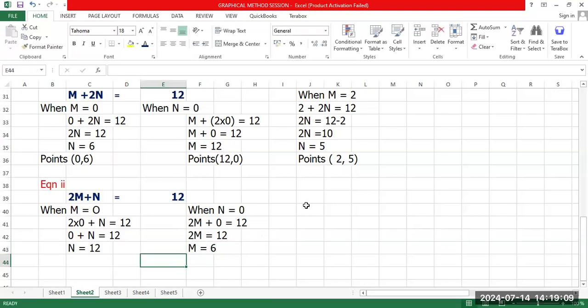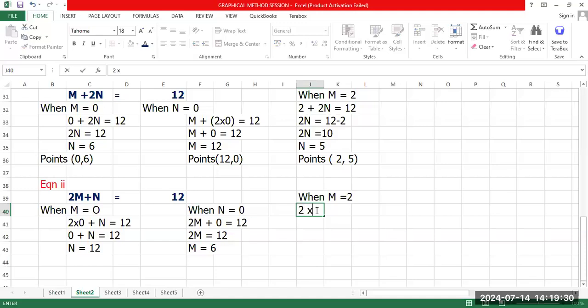If you have time, you can add another point. You can also say when m is equal to 2, you can use any value. Substitute where you have m, put 2.